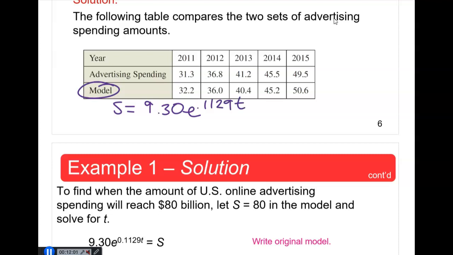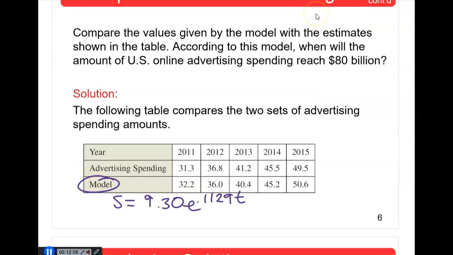And so the question is again, when, so it's a question about time, when will the amount of U.S. online advertising spending reach 80 billion? So we want S to be equal to 80.